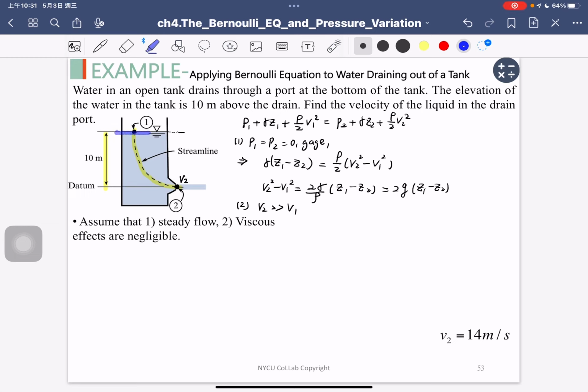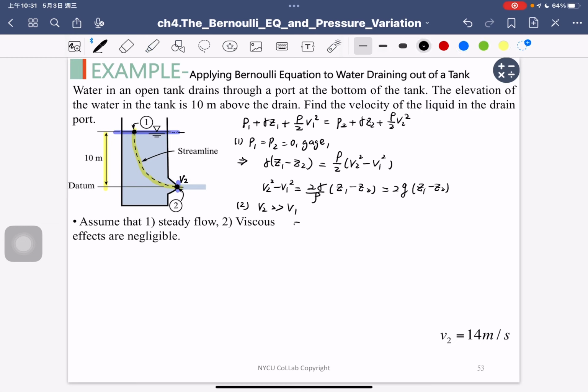This cross-section area is quite wide, and this opening is quite small, so the cross-section lengths are totally different. So I can say that V2 is always much larger than V1, and I neglect the V1 term.